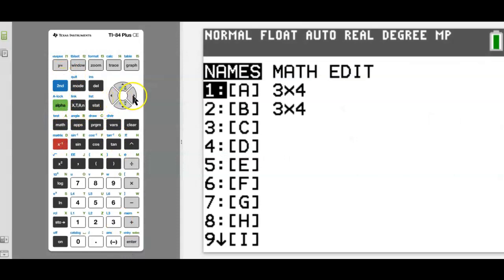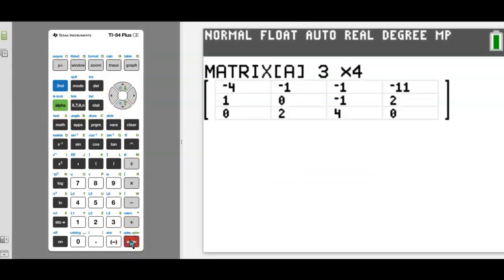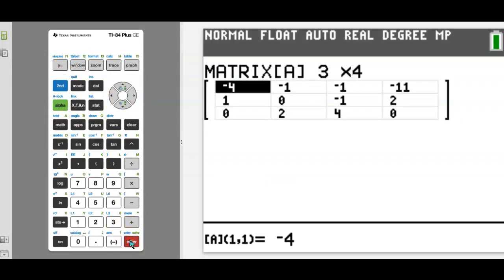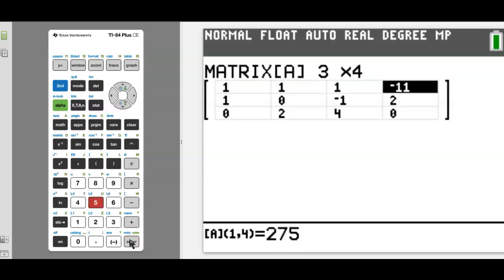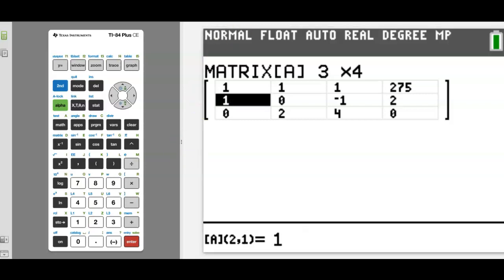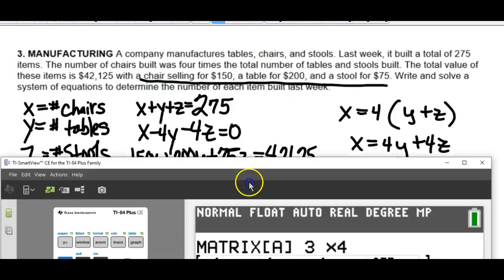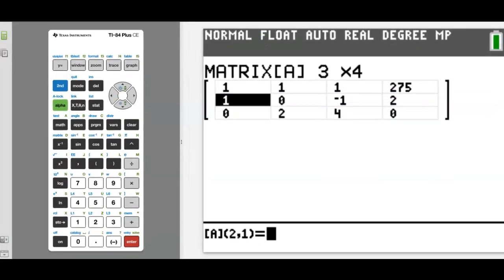Second matrix over to edit. It is a 3x4. The first sentence was 1, 1, 1, 1, 275. The second sentence was 1, -4, -4, 0.